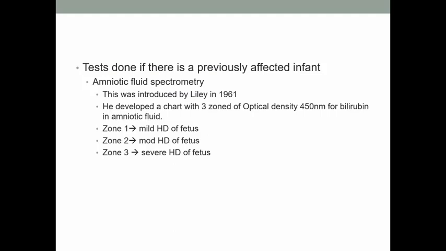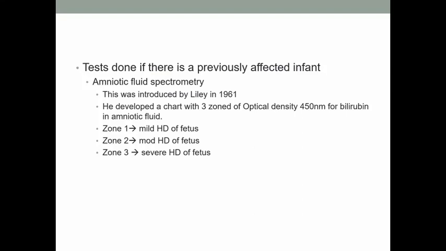So normally we take the amniotic fluid and we check the optical density at 450 nanometers of bilirubin in amniotic fluid. How much? This optical density at 450 nanometers is measured, and then we plot it in that graph.